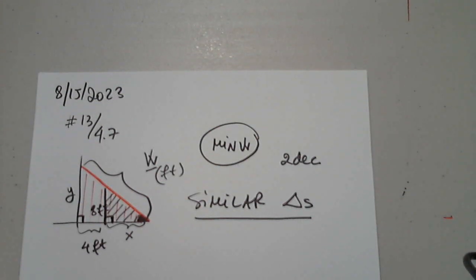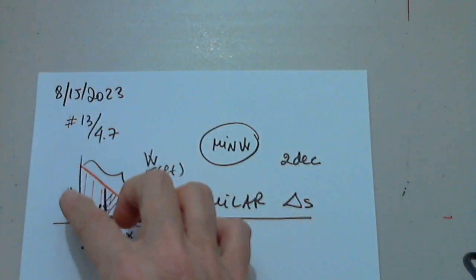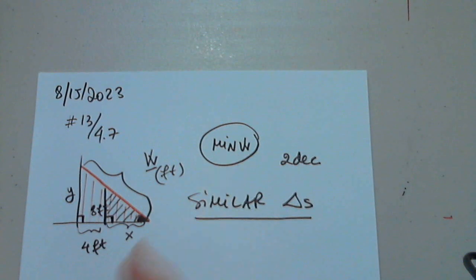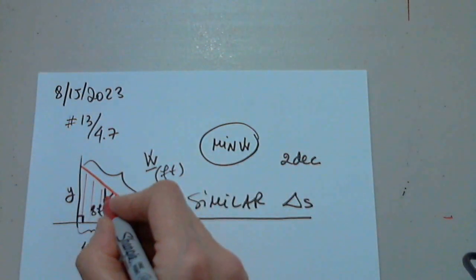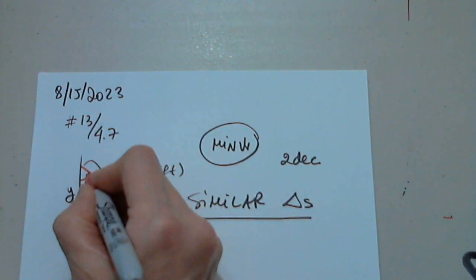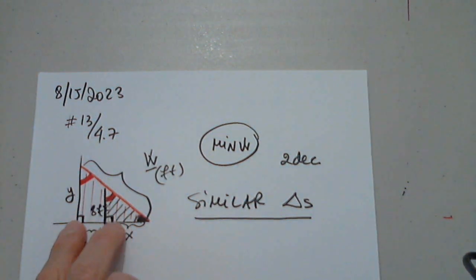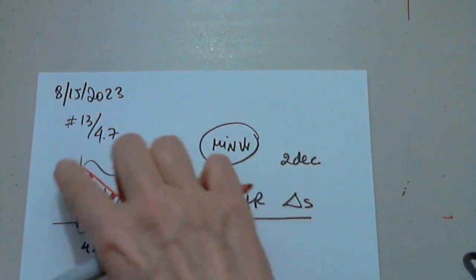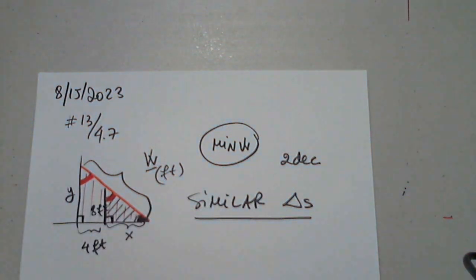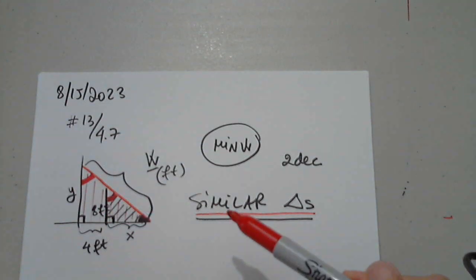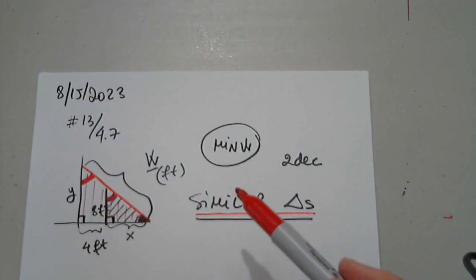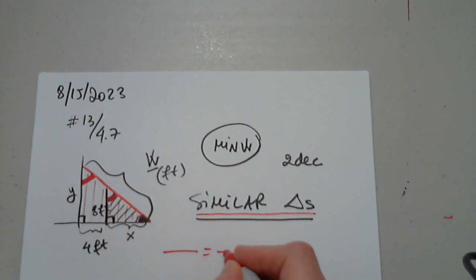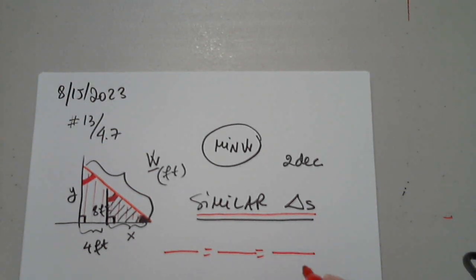Because the sum of the angles in any triangle has to be 180, the remaining acute angles have to equal each other. So I have shown that the 2 triangles are similar, and then I can write proportions with their sides.